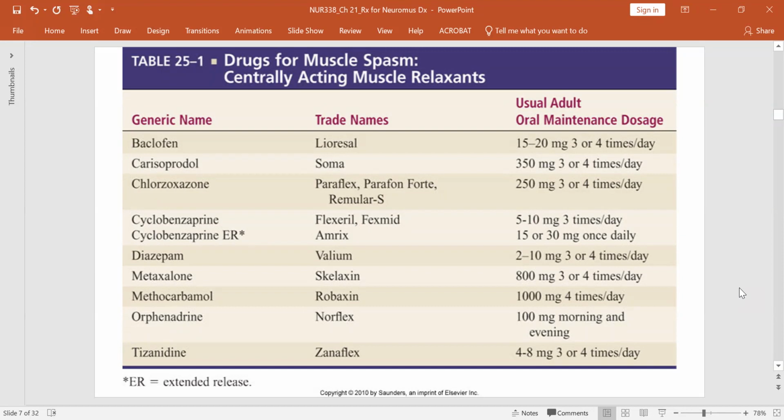We have carisoprodol, which is Soma, also a very common, widely used drug. Another one is cyclobenzaprine, Flexeril, a very common one. Diazepam, the benzodiazepine Valium, has a muscle relaxant effect.